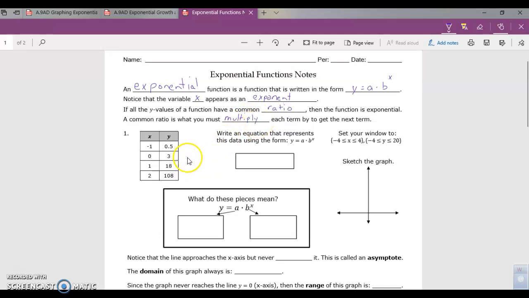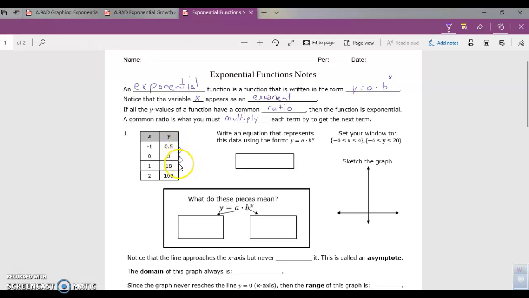So if you look at example number 1 here, we're looking at just the y columns. What would we multiply 0.5 by to get 3? What would you multiply 6 by to get 18? What would I multiply 18 by to get 108?